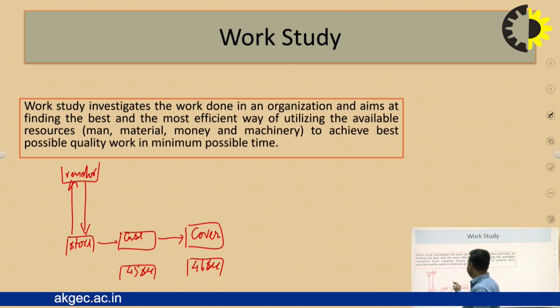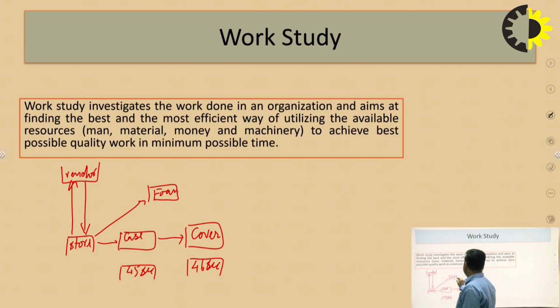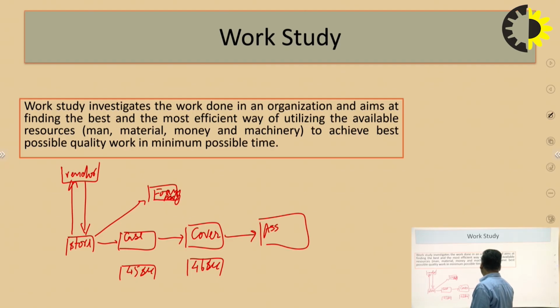We can use some third party for that, the foam assembly. Finally, we have the assembly station here, and suppose the working time, the cycle time, is about 56 seconds.